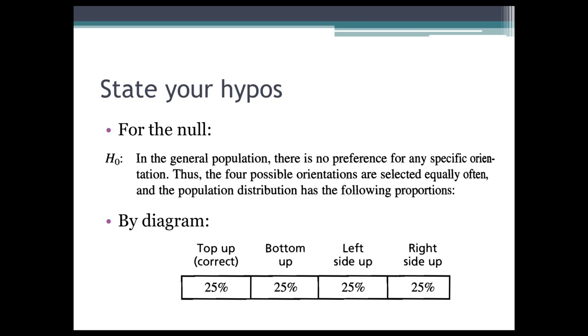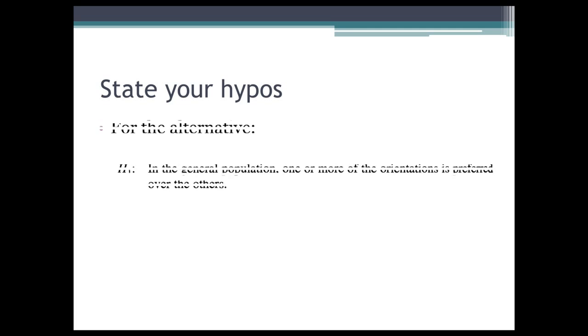Writing it out, that's how you would say it, but by diagram, you would say 25%, 25%, 25%, 25%, because there are 4 columns at play here. For the alternative, you could state that in the general population, one or more of the orientations is preferred over the others. We're going to set alpha at 0.05.